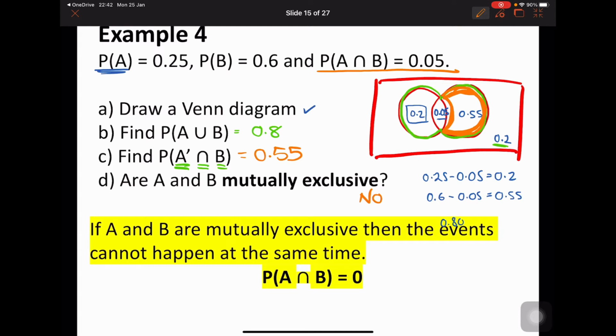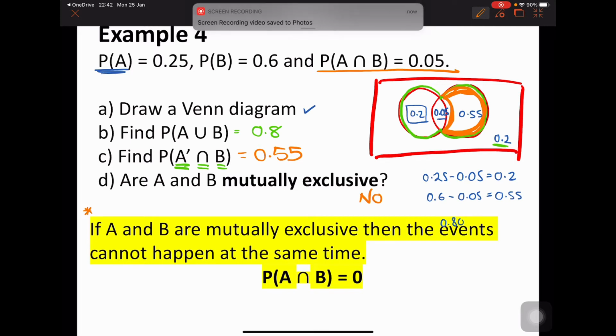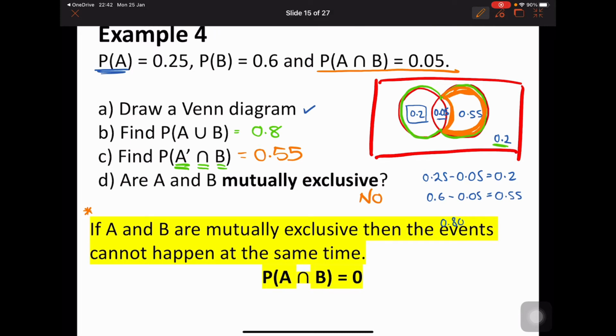So please make a note of this information here. And also we could write that when A and B are mutually exclusive, probability of A plus the probability of B equals the probability of A or B.